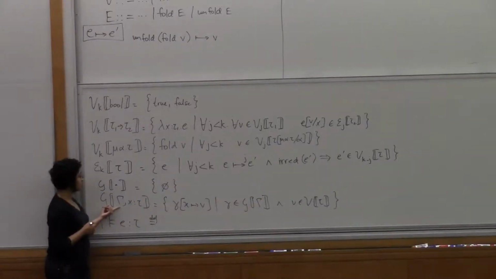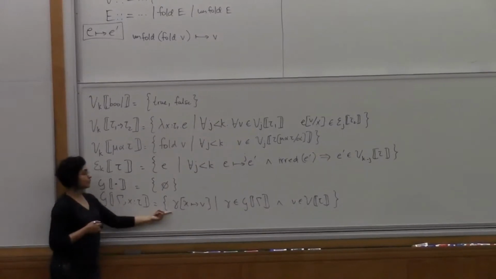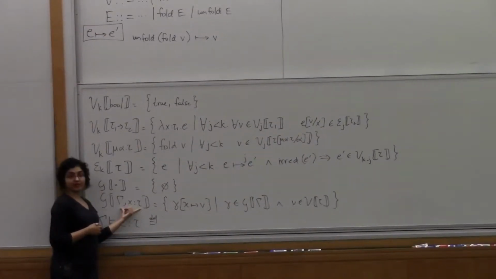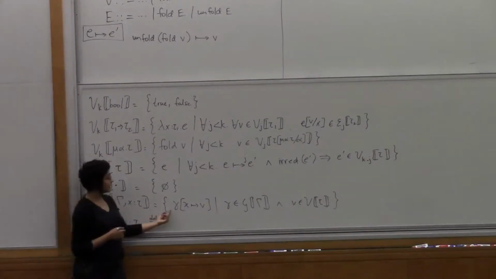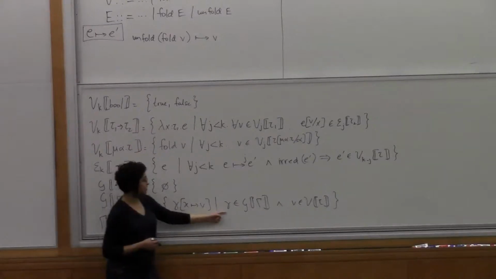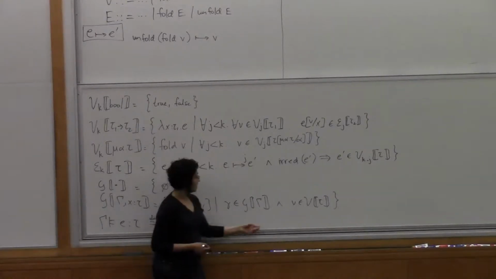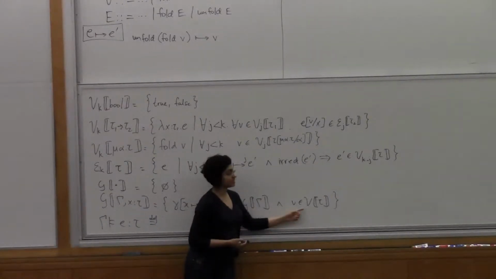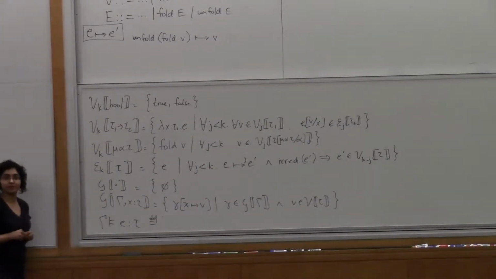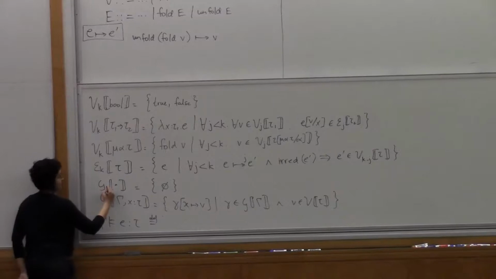And if we want to say which substitutions belong to gamma extended with x colon tau, well, we just have a substitution extended with x maps to v, and little gamma satisfies big gamma, and the v that we've just added better behave like it has type tau. Okay, so let's add some k's here.